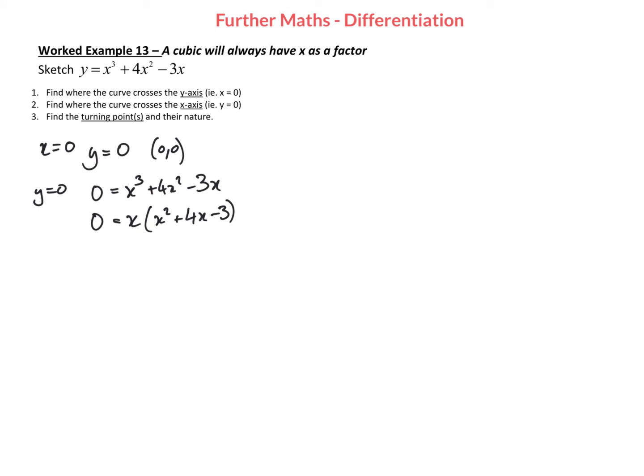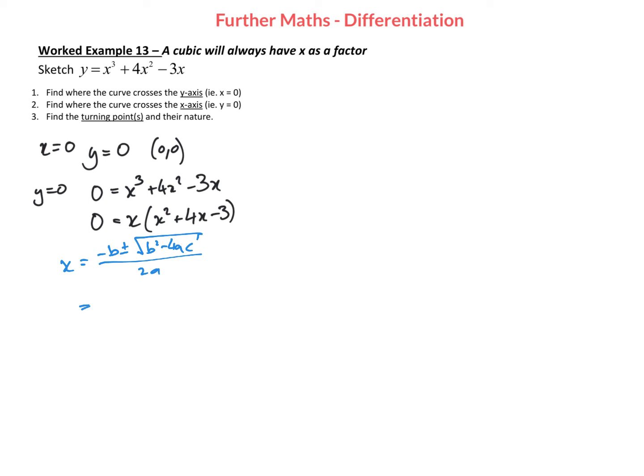I do know that either x is equal to 0 or this quadratic equals 0. So I'm going to use the quadratic formula again to solve this quadratic. So x is equal to minus b plus or minus the square root of b squared minus 4ac, all over 2a.